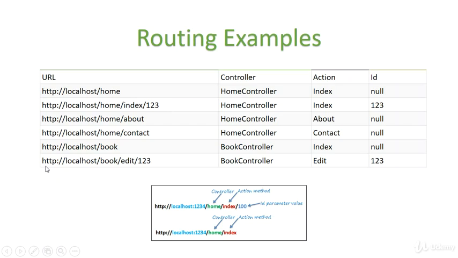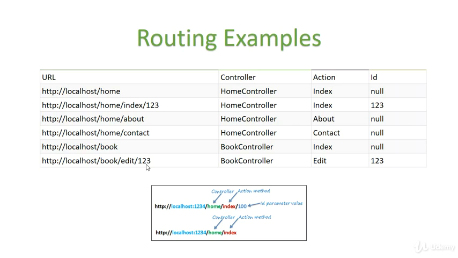Let's take a look at the last example here: localhost/book/edit/123. The controller will be the book controller, the action will be the edit action, and 123 will be the ID. You can always make new routing based on your requirements if you want to customize them, but for our example, we'll be working just with the default one.